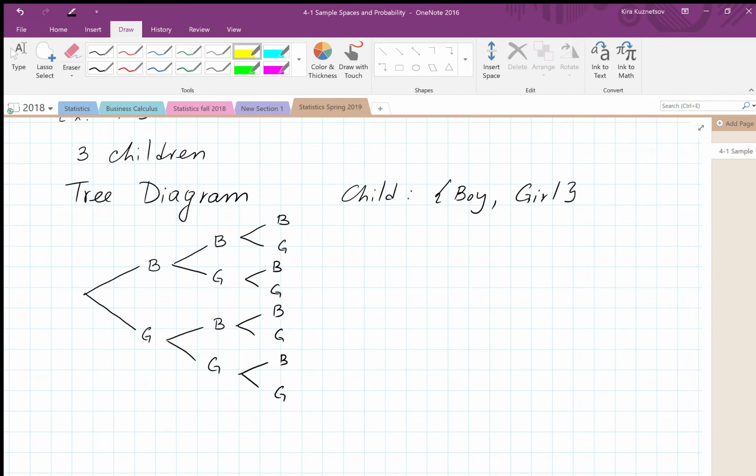Now, if I take my highlighter and take just one of those branches, let's say this one, I have an outcome. It's a girl, boy, boy. So what I can do is actually write all of these down by following each one of those branches.